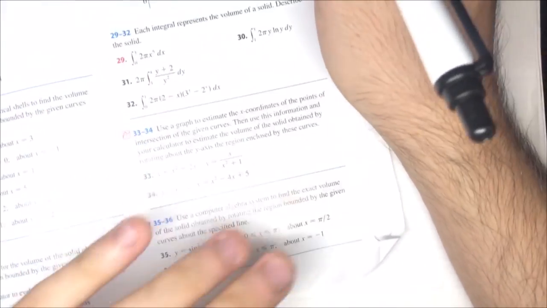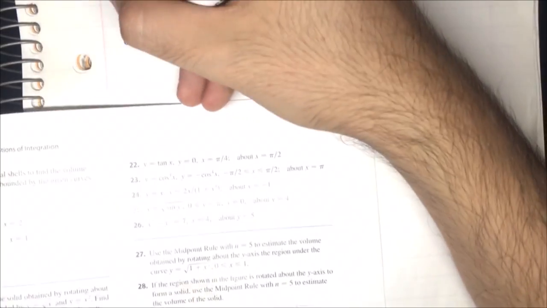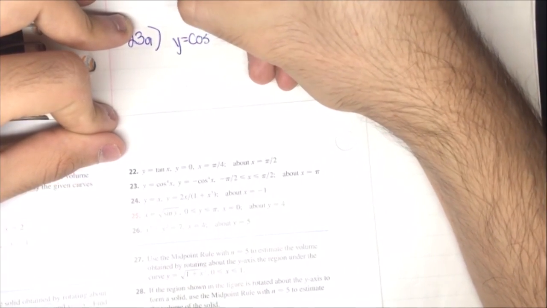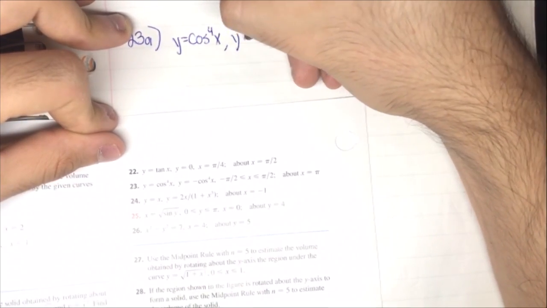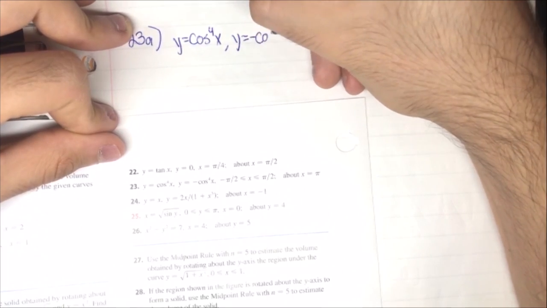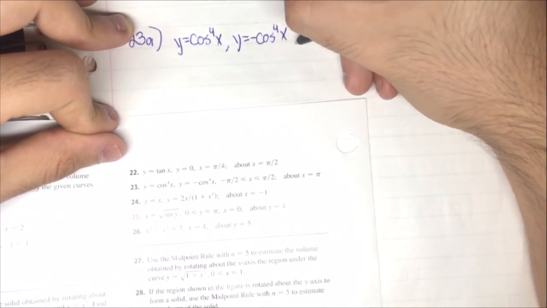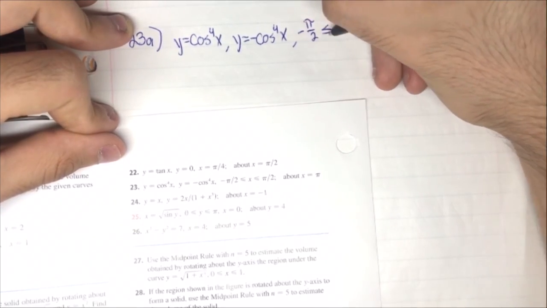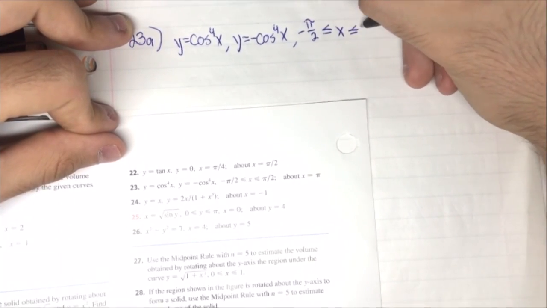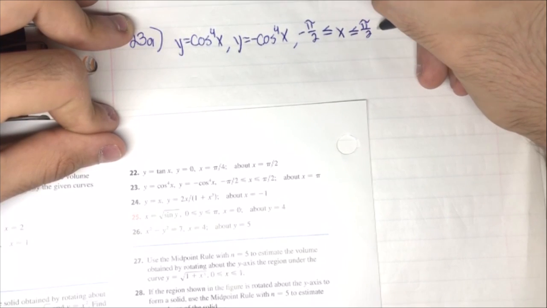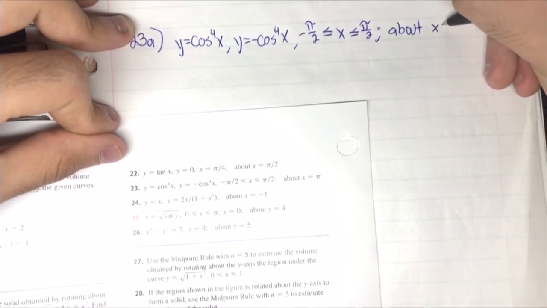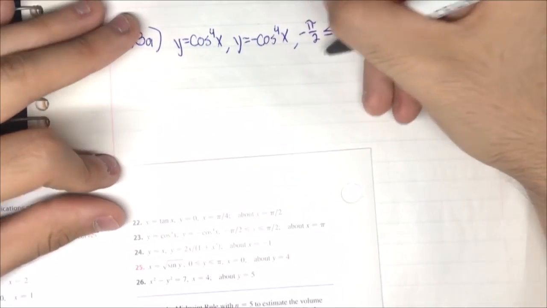23a now. This is the problem that they give us for 23. 23 is y is equal to cos of 4x, y is equal to negative cos 4x, negative pi over 2 is less than or equal to x less than or equal to pi over 2, and about x is equal to pi.